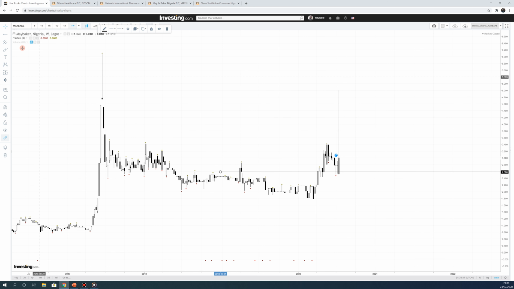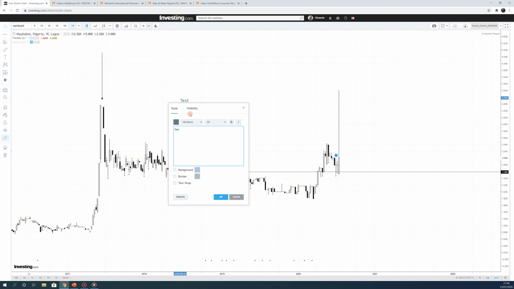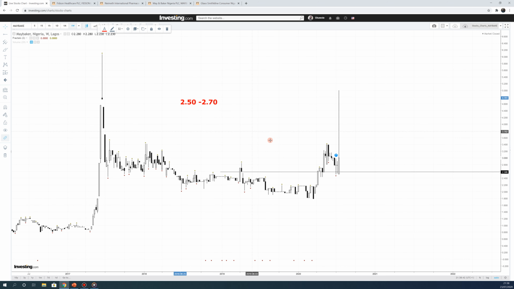Let me say for May and Baker, that's 2 naira 50 kobo, 250, that's the conservative side, to 2 naira 70 kobo. Let me highlight this. Save it. Okay, that's what I'll be looking at for May and Baker.